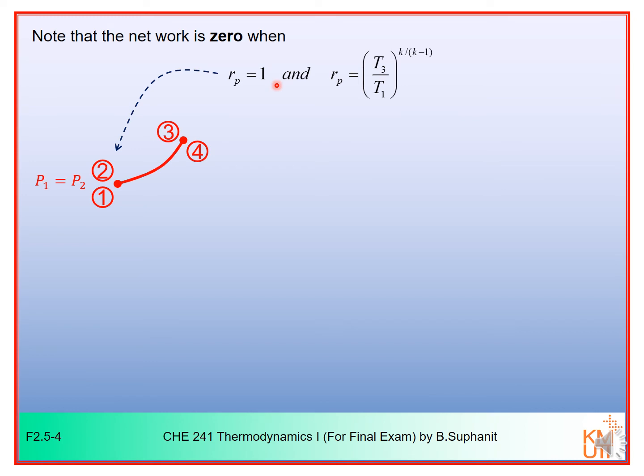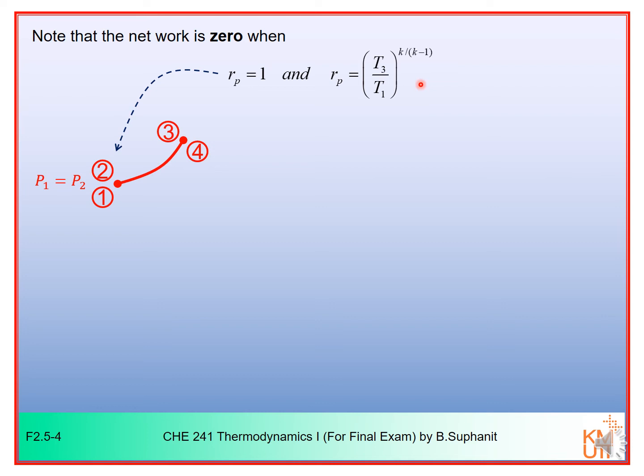We have points 1 and 2 at the same condition, and points 3 and 4 at the same location as well. The other condition in which we also have zero net work is at RP equal to (T3 over T1) to the power of K over (K minus 1).